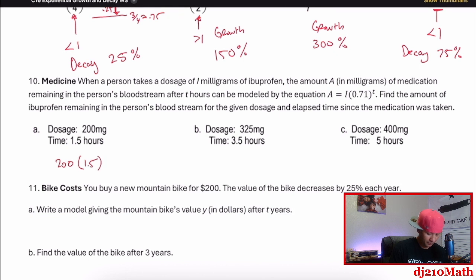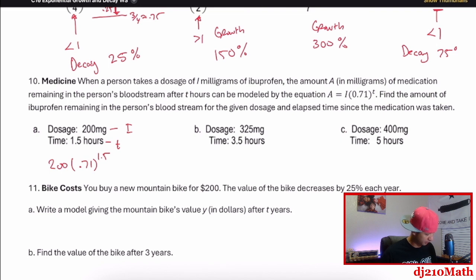Actually, it's going to be, right, so this is our initial amount, and this is our T. So 200 times 0.71 to the 1.5 exponent.